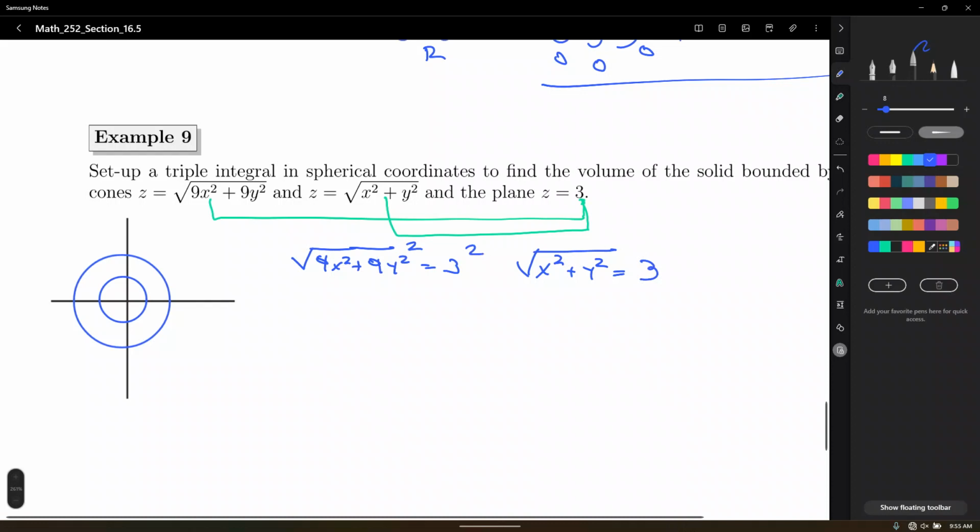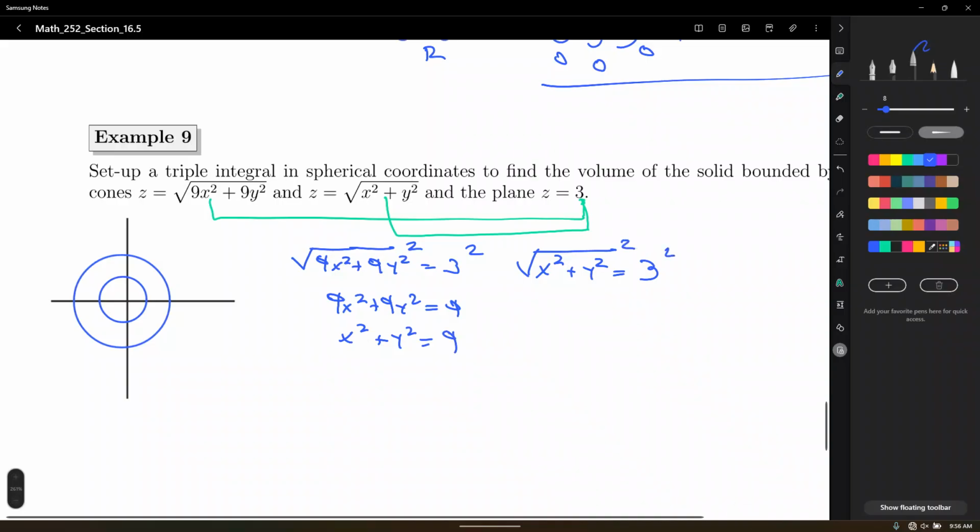Squaring both sides, that's going to give us the following: 9x squared plus 9y squared equals 9. That is the equation x squared plus y squared equals 1. Isn't that the equation of a circle of radius 1, center at the origin? Well, my center over there does not look perfectly at the origin, but you get the picture.